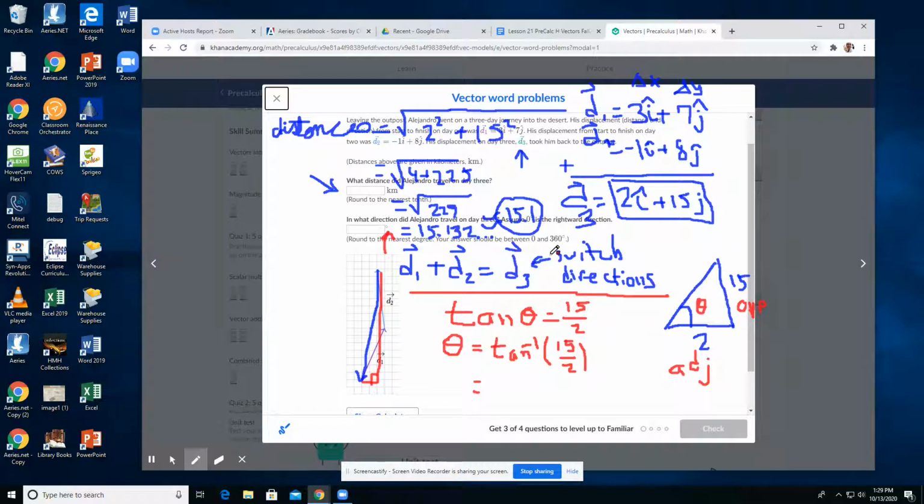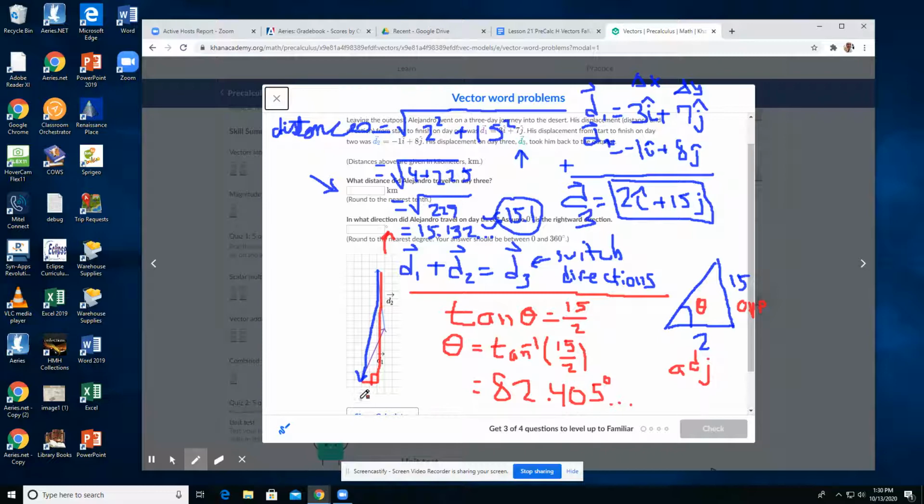Check on my calculator. I'll go ahead and arctan, shift tangent, arctan of 15 divided by 2. All right, I got 82.405... and we're in terms of degrees here.